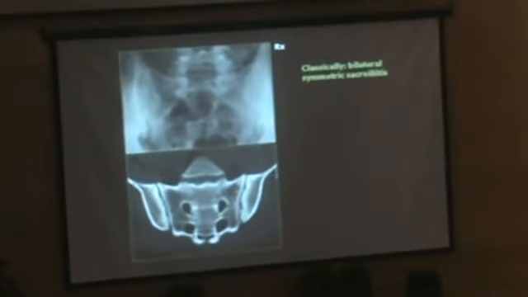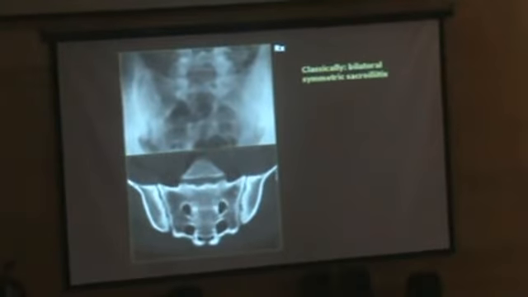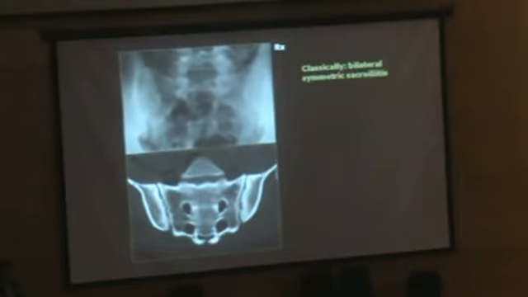But this is why I say classic, because this is old. This was diagnosed with X-ray when the pathology was already advanced. So we could see involvement in both sacroiliac joints. Now with MRI, we can see that it's not really like that. So this is classic, but it's not necessarily the truth, especially in the early stages of disease.